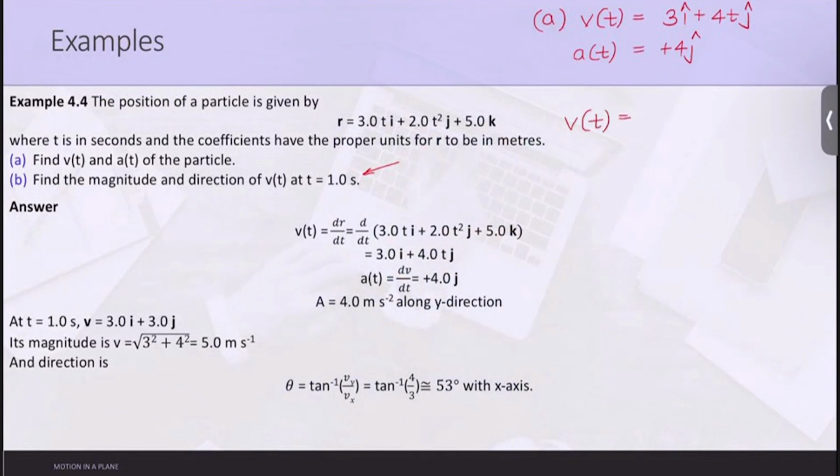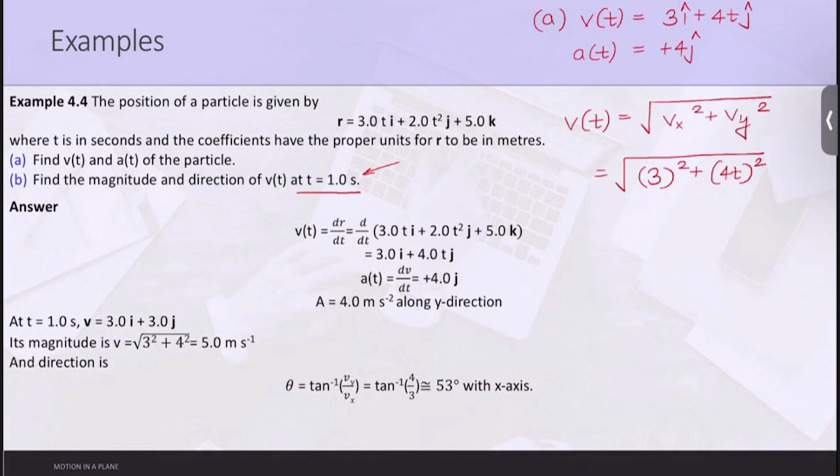The magnitude, for a 2D plane, is equal to the square root of vx squared plus vy squared. Correct? So therefore, what will be the velocity magnitude? It will be nothing but equal to the square root of 3 squared plus 4t squared. Correct? But as you can see clearly, it is being asked at t is equal to 1 second. So we can put the value of t equal to 1 here.